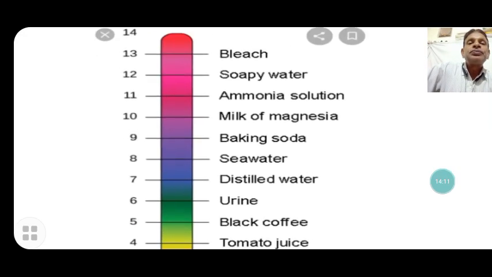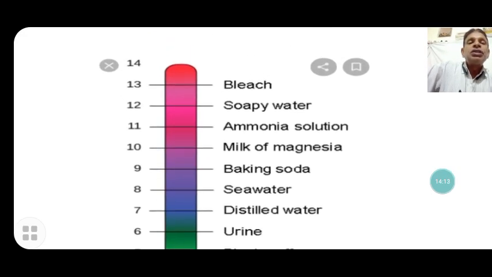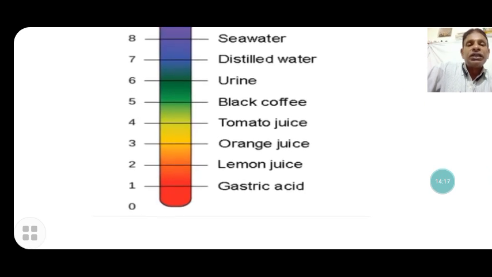Now here, it is the bleach, soft water is the alkaline, here the gastric juice.